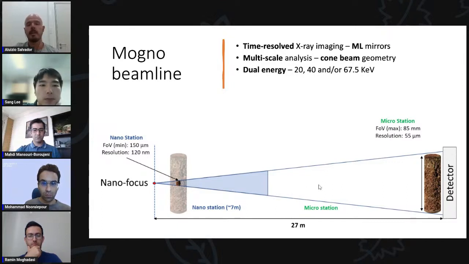With this cone beam, we can perform analysis in the same experiment with different fields of view, looking at different parts of the sample just by changing the position of the sample along the beam. So we can go from fields of view or areas of interest of millimeters to micrometers very fast.